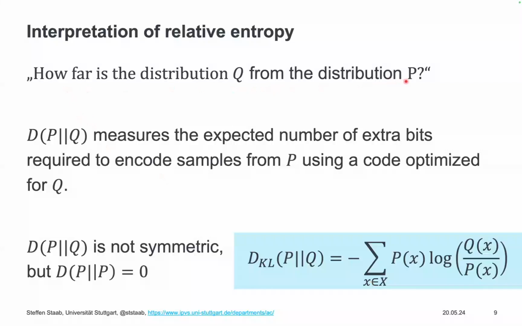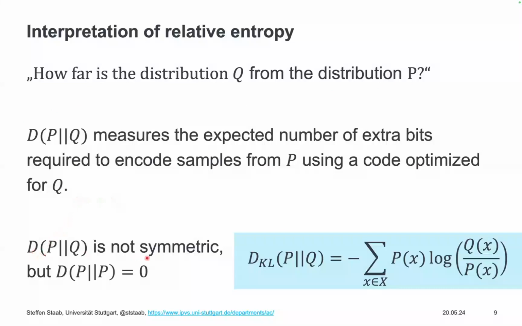This is often something that we ask in machine learning because we want to have a model that gives us the correct assignment according to an empirical distribution. And so the relative entropy measures the expected number of extra bits required to encode samples from P using a code optimized for Q. There is one drawback.